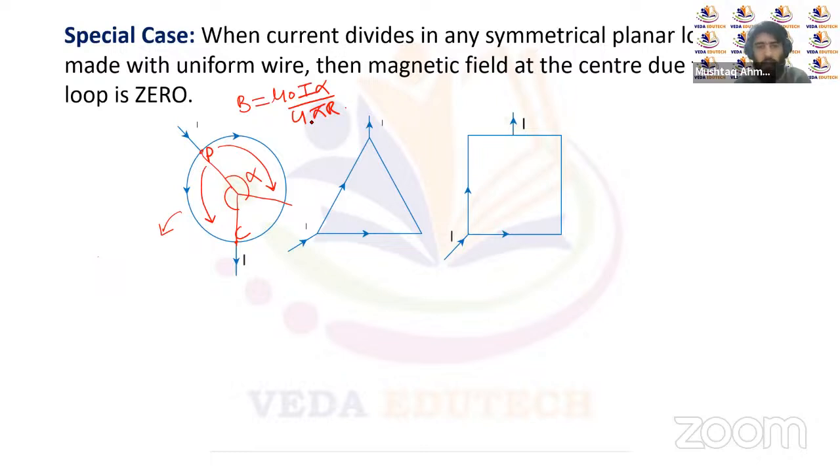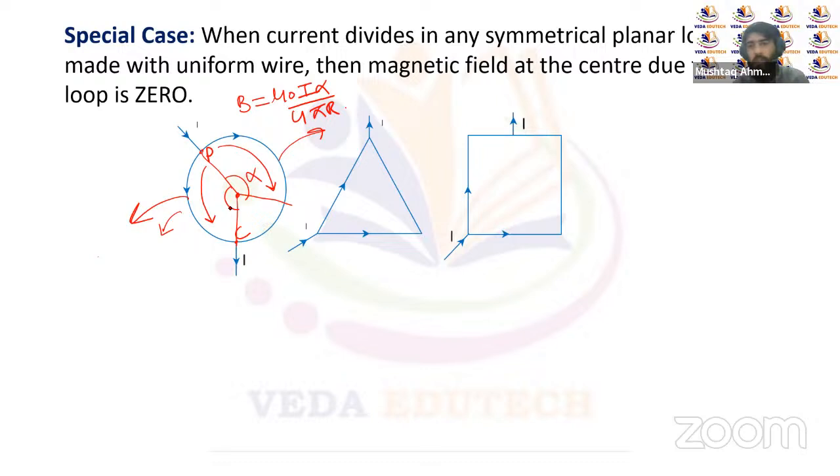So here alpha is greater for this arc, but the current is less for this arc, so that the total magnetic field becomes equal to the magnetic field because of this arc and the magnetic field because of this arc. So they become equal. This is how the current distribution takes place between the two arcs of this circular loop, so that the net magnetic field at the center becomes zero.